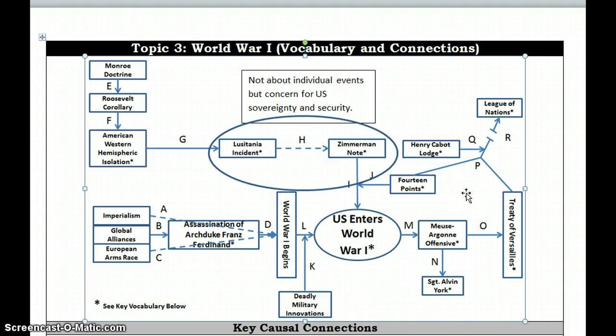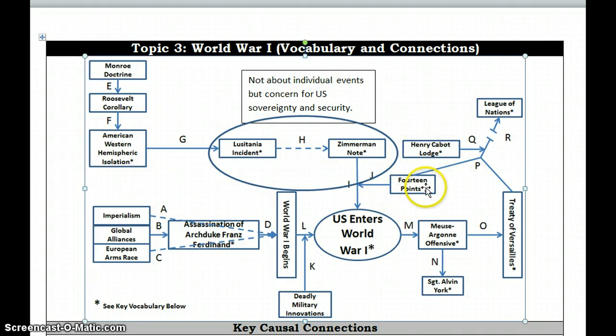Once we have entered the war, President Wilson creates a statement that he calls his 14 points. And these 14 points outline what he believes we should do at the end of the war. He goes on the road in order to convince Americans of the 14 points.